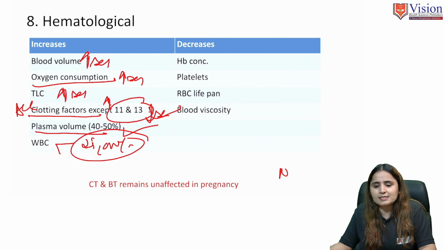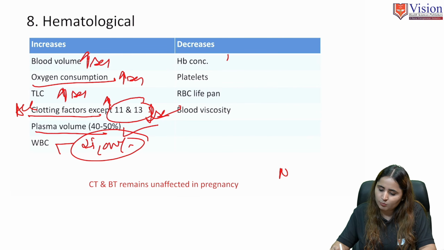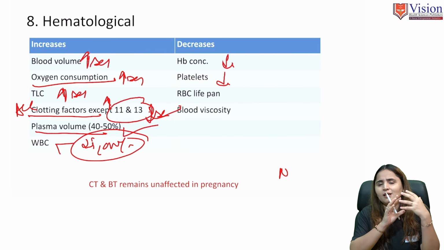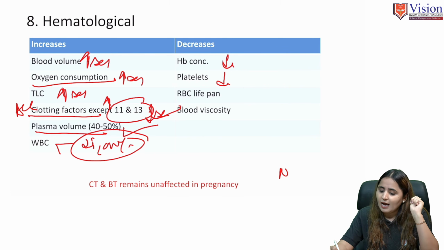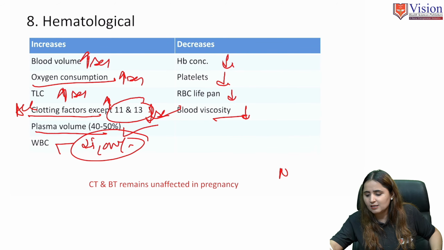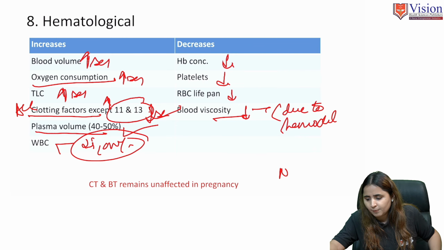What decreases is the HB concentration, platelet count not more than, less than 1.5 lakh, RBC lifespan decreases, and blood viscosity decreases. Why does it decrease? It happens due to hemodilution.